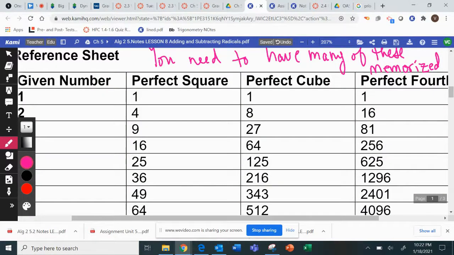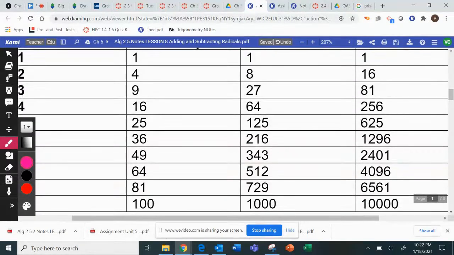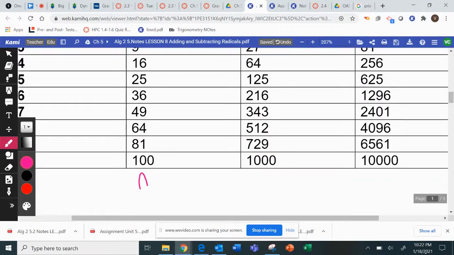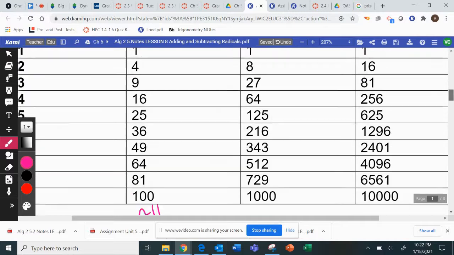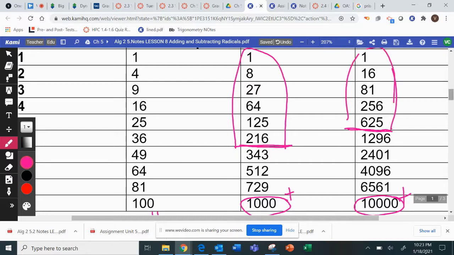I might have mentioned this before, but for perfect squares, you should have all of these memorized. Cubes, I would say to here is a safe one to memorize, plus this one. And then for fourth, I would say this and that one for sure. So all of that. Okay.